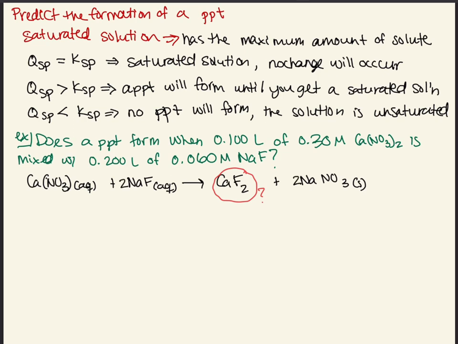So I am going to get the dissociation equation for calcium fluoride. And this is going to be a 1:2 mole ratio where it breaks up into calcium ion plus 2 fluoride.